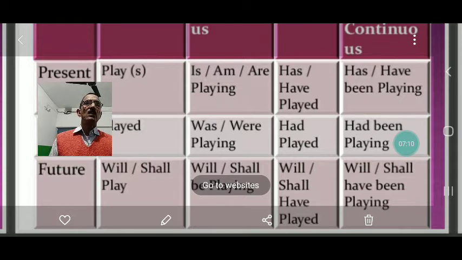So here I will have played, they will have played. And if it is future perfect continuous, that is hardly used, that is not generally used. In that very tense we can use he will have been playing, she will have been playing. Like that it is used.